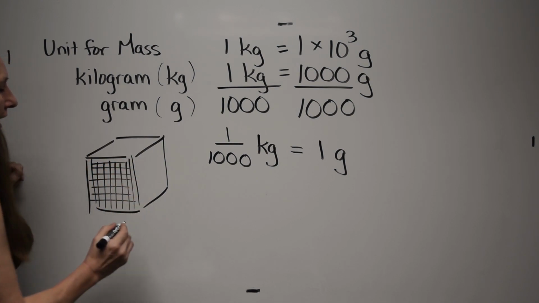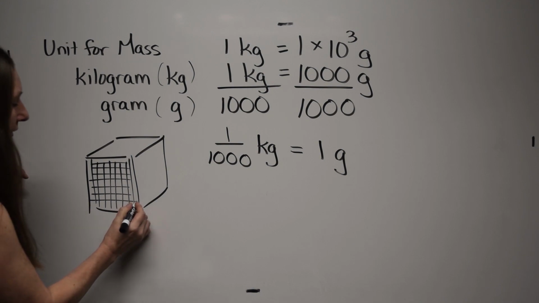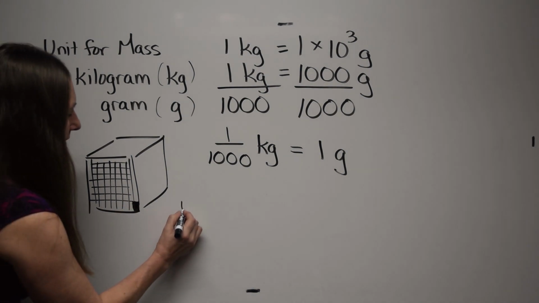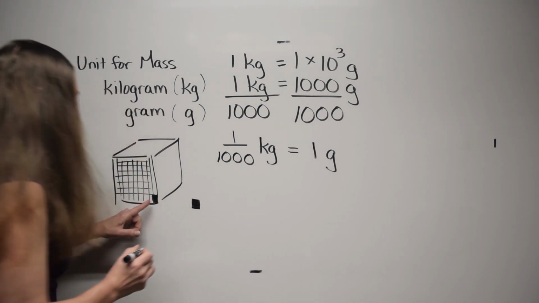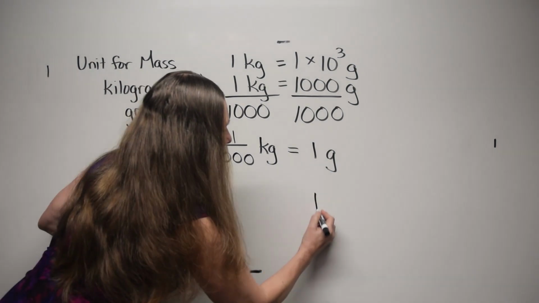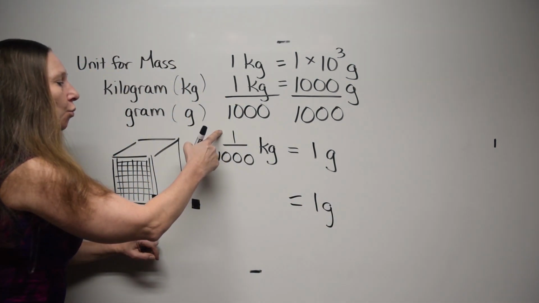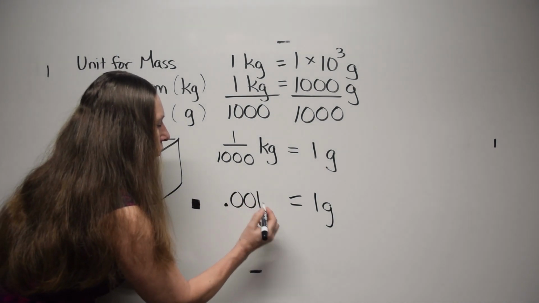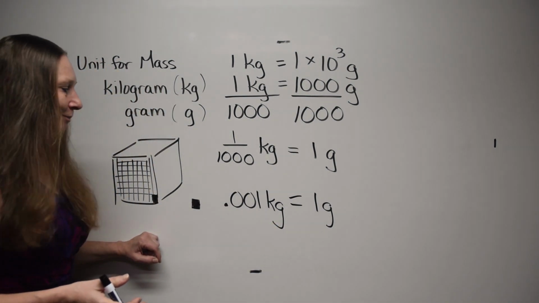If I were to draw 1,000 little bitty gram boxes inside this big kilogram box. Now, if I pull out one of those grams, just one of them, I'll put him over here. This 1 gram is equal to 1,000th, that would be 0.001, 1,000th of a kilogram.